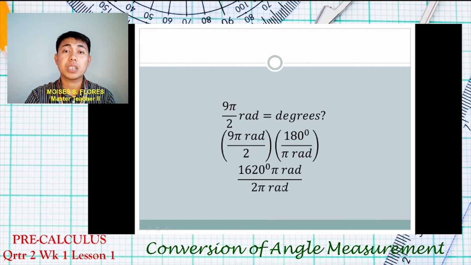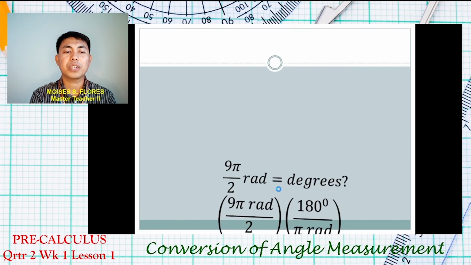We have 1620 degrees times pi radian all over 2 pi radian. If you notice here, we have a common unit of measurement, which is pi radian. We cancel that one. And then what is 1620 over 2? There you have it, we have 810 degrees. So the value of 9 pi over 2 radian is equal to 810 degrees.